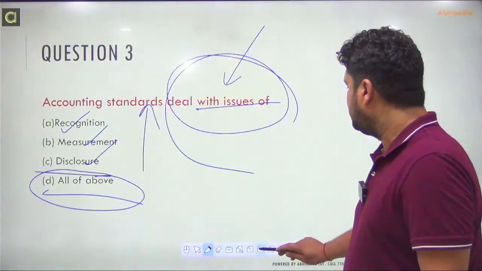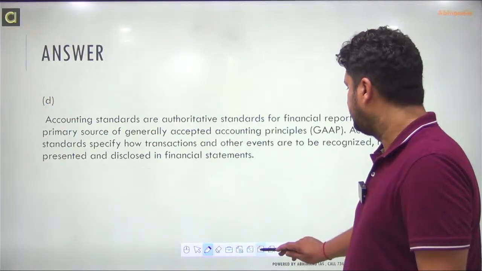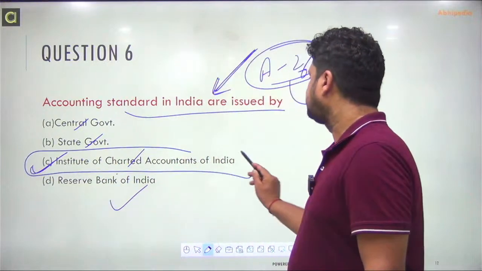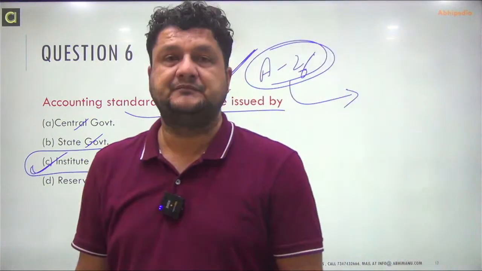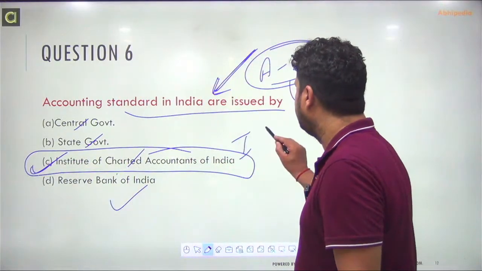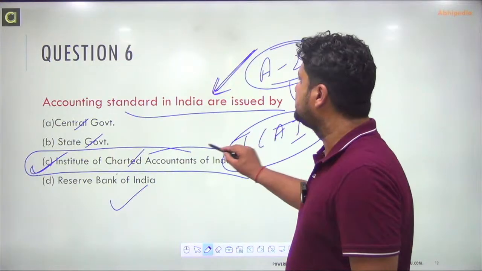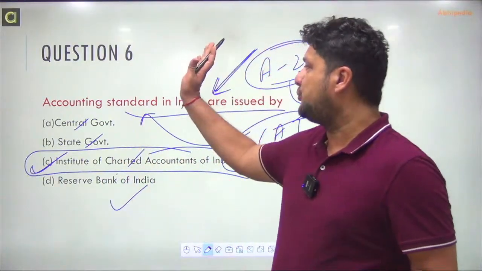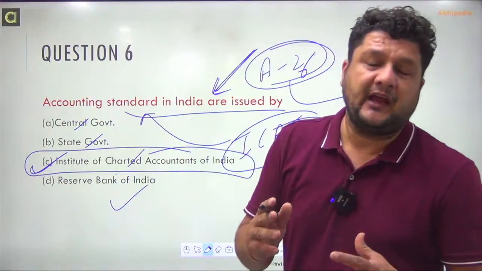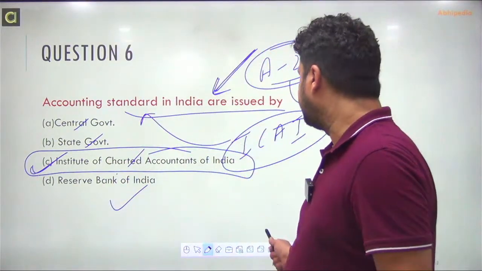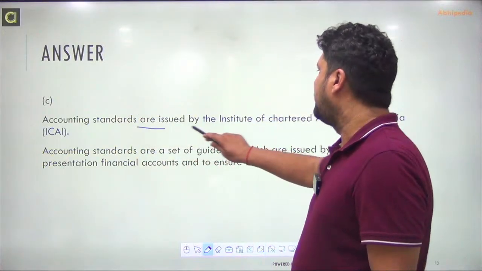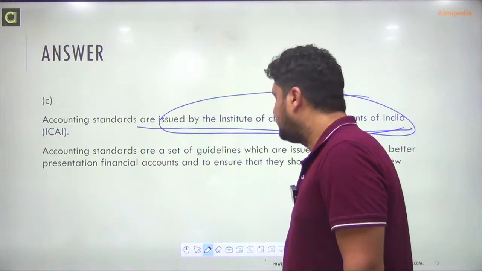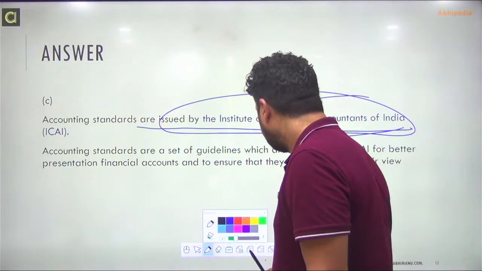So the answer is the Institute of Chartered Accountants of India, ICAI. ICAI issues these accounting standards. The board drafts them, ICAI appointed the board to draft and finalize these principles, but the board was constituted by ICAI. So do check the question carefully before answering.